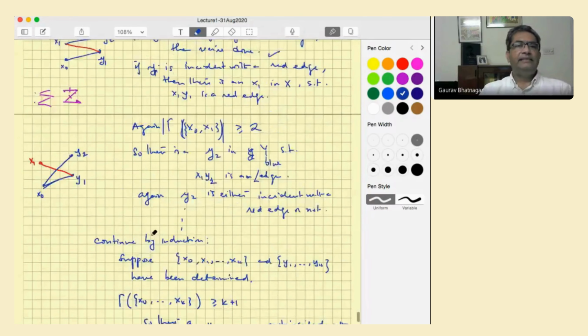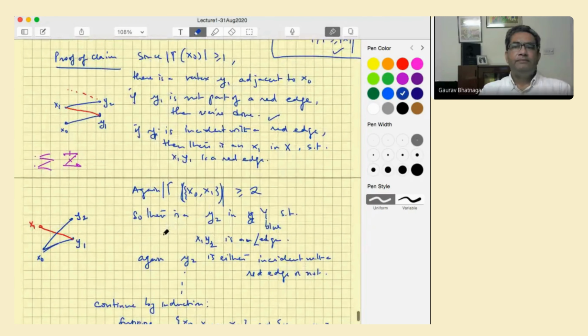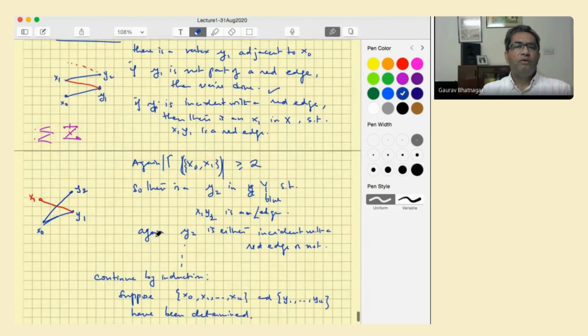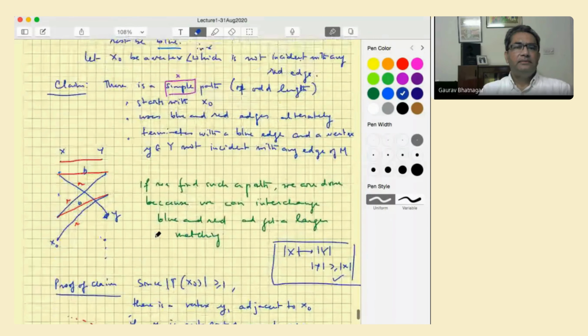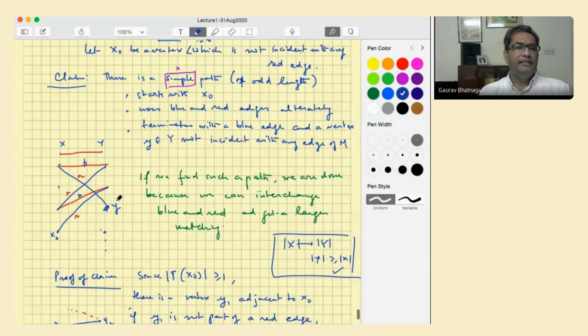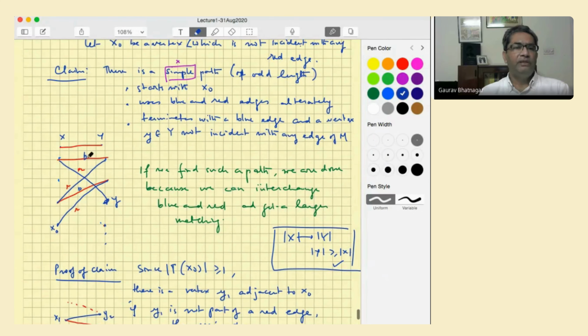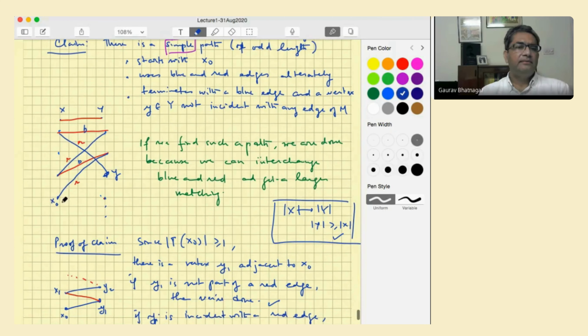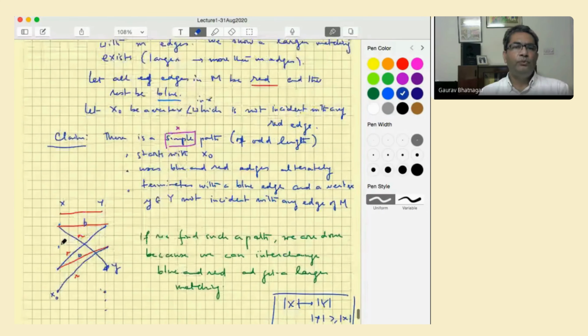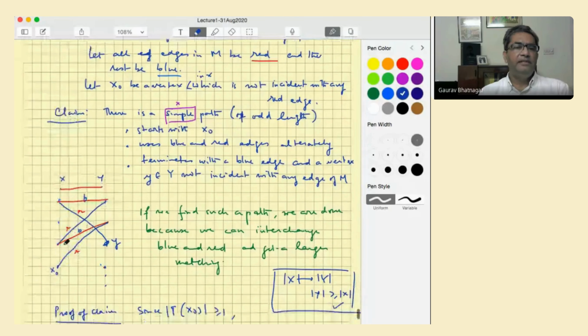So what we are saying is, the simple path starts with x0, uses blue and red edges alternately, terminates with a blue edge and a vertex y not incident with any edge. So we want some other incident. So you're saying we can't demand that this new vertex be incident with x1.